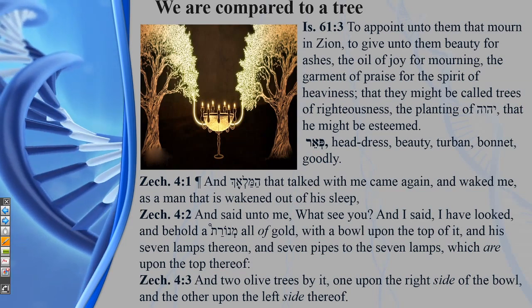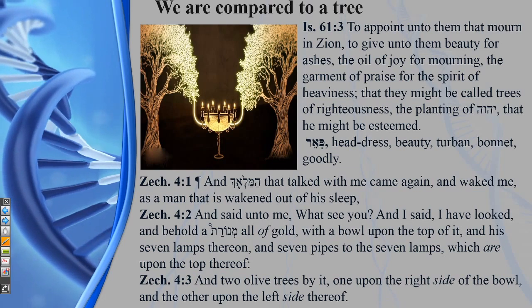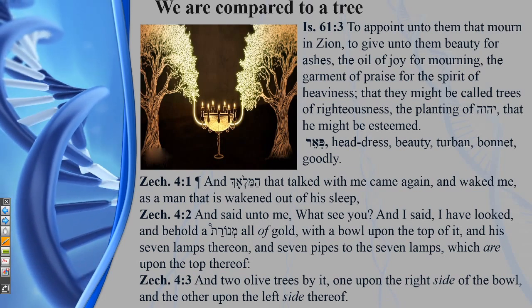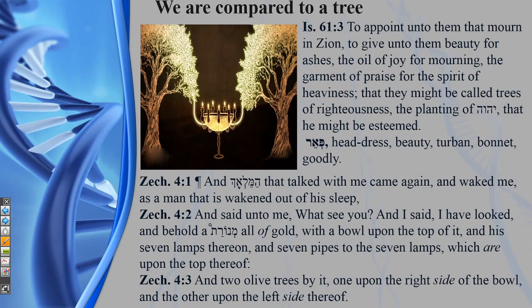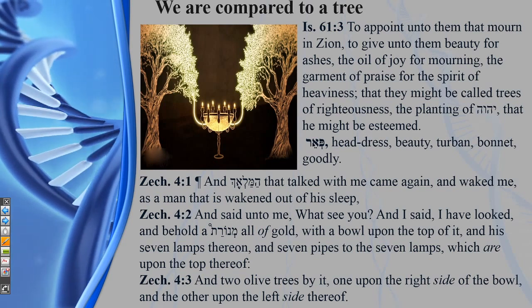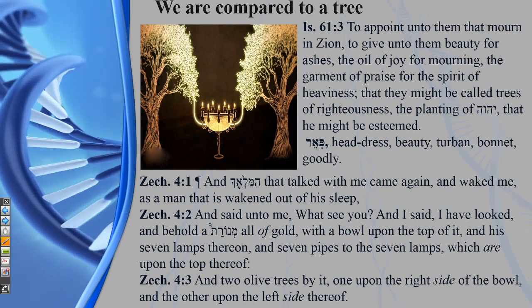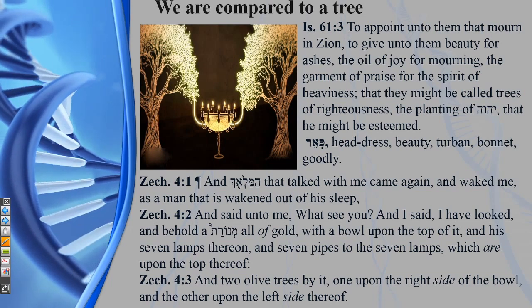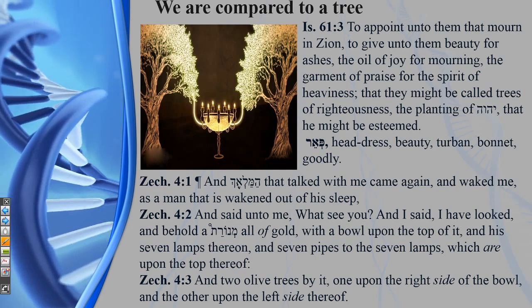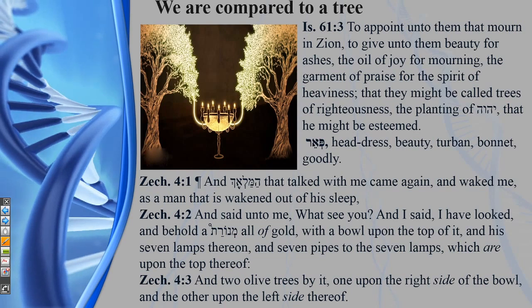We're not going to talk about it today, but if you want to do some homework, why is there a connection between trees, menorah, light, and the bowl with oil in it? They're all a connection.